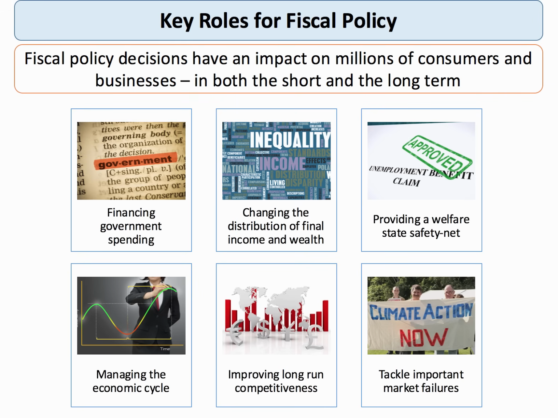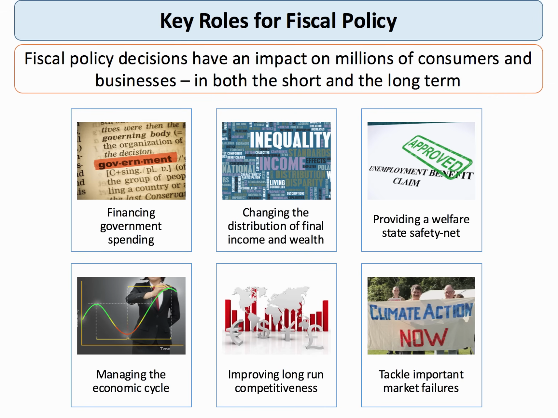You can also use fiscal policy if you want to change the final distribution of income and wealth within a country. And of course, many countries use fiscal policy as a welfare safety net, particularly when there's economic shocks affecting employment. Fiscal policy can be an important aspect of managing or smoothing the economic cycle as changes in aggregate demand and supply occur.